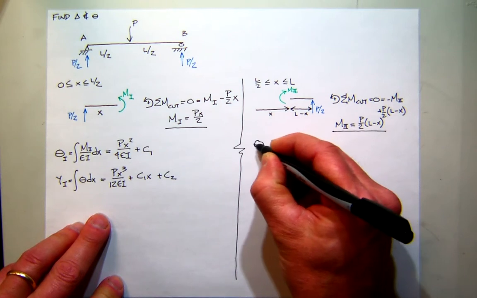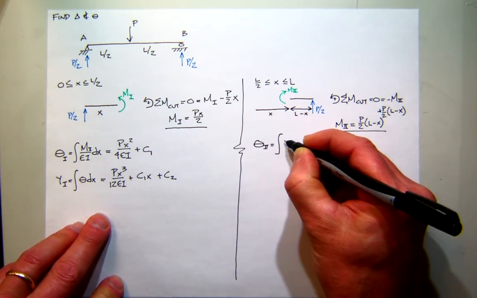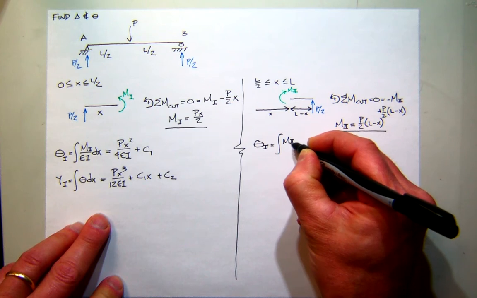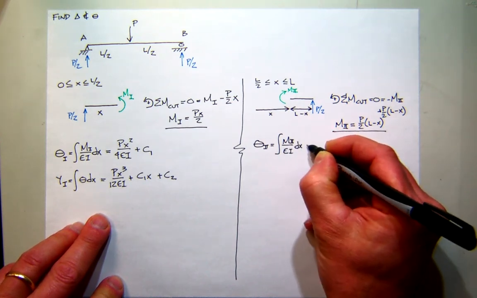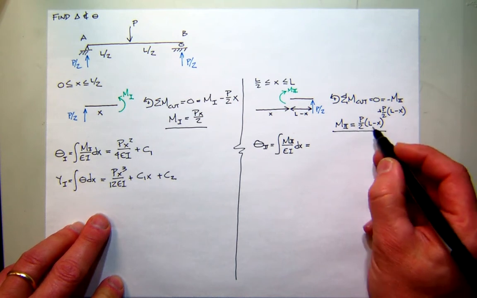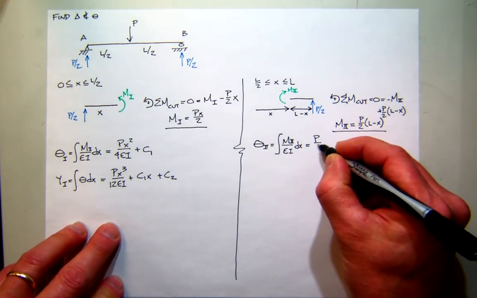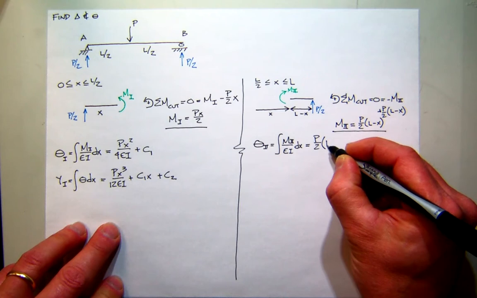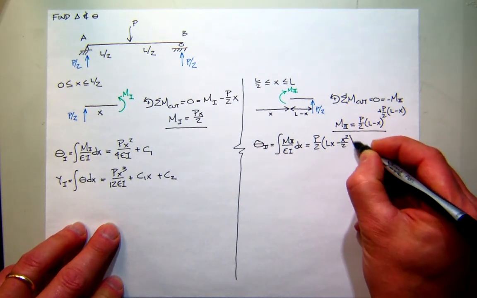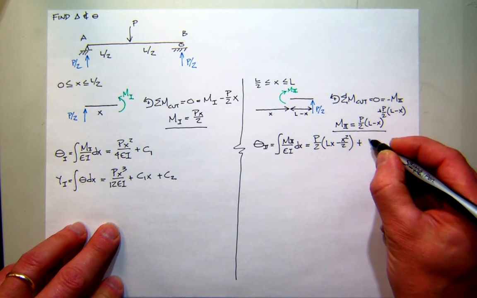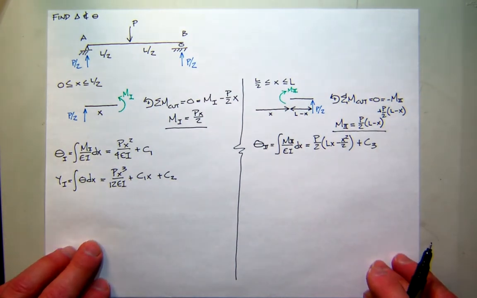So what is the slope in the second section? Well, it's the integral of the second moment divided by EI. So let's integrate this. So again, we'll have P over 2 times Lx minus x squared over 2 plus another integration constant, C3.